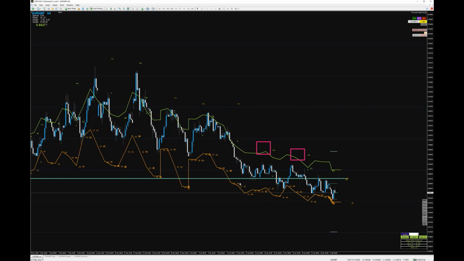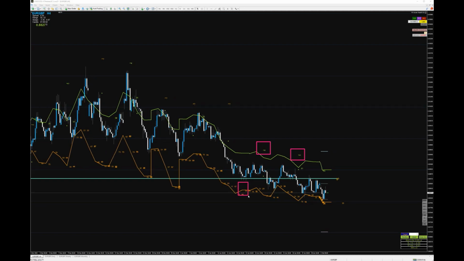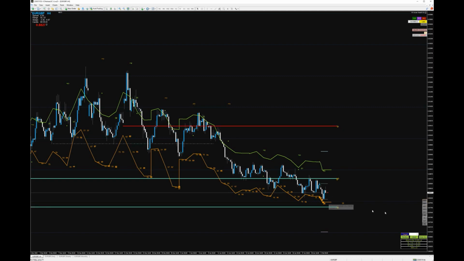Look, from 17, 21, 39, 36, 31, and now they are 34, right? So we are in the monthly level, we are as well in the weekly level, which is a little bit below in here.